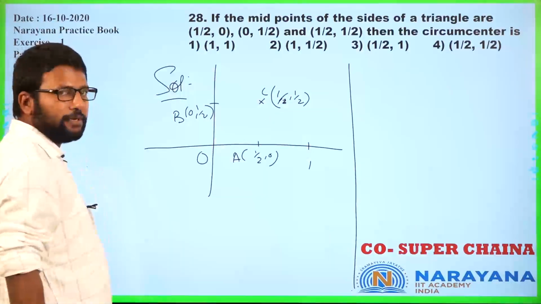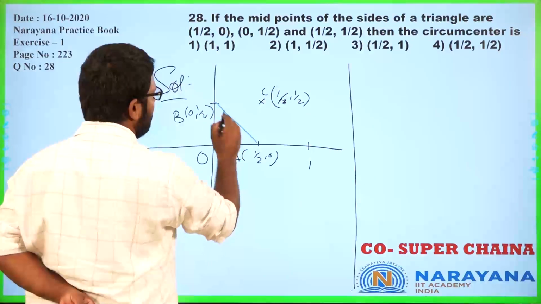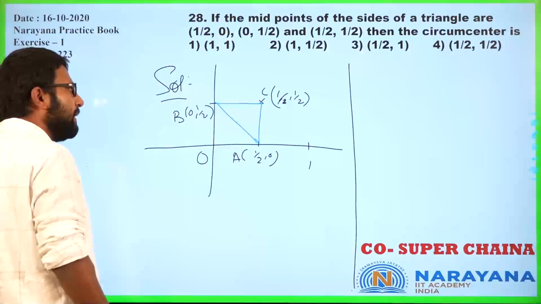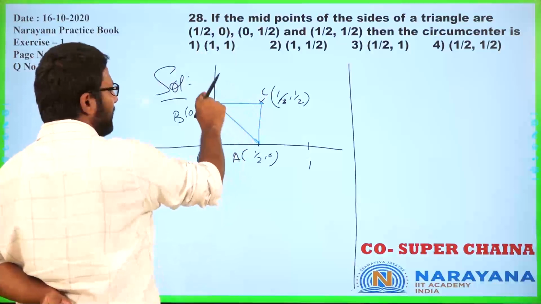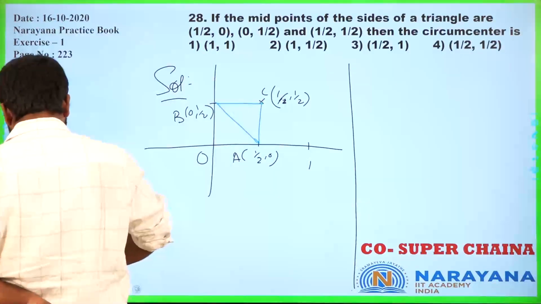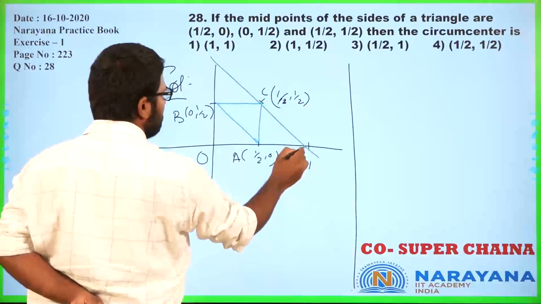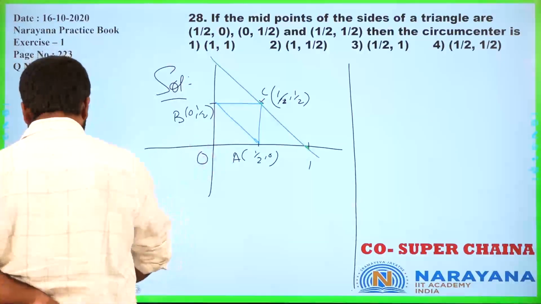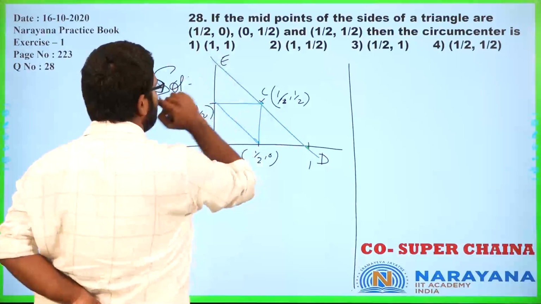Now we have seen a similar question like this, that if you join the midpoints, in fact you get a square, and you also know that the line through the third midpoint, which is parallel to the line joining these two midpoints, will be the third side, right? Which means through C, draw a line parallel to BA. Let it meet at D and E, right?